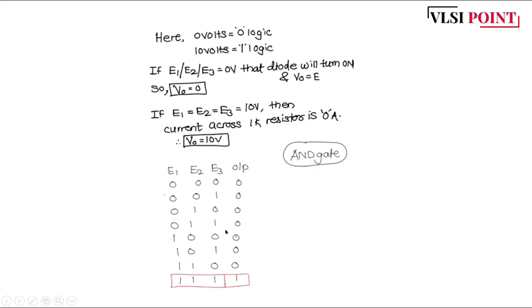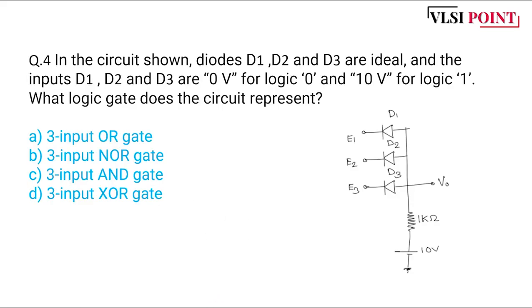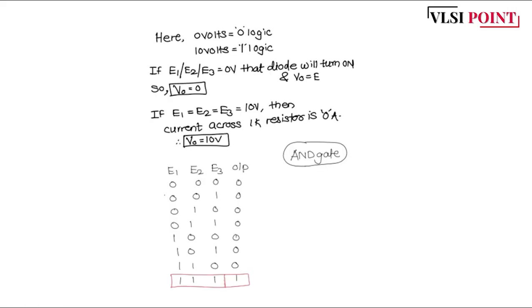So this truth table is a 3 input AND gate truth table. Here just remember the concept that all the inputs should be high so that our voltage will become high. Got it? That is the concept. So the answer is AND gate, option C.